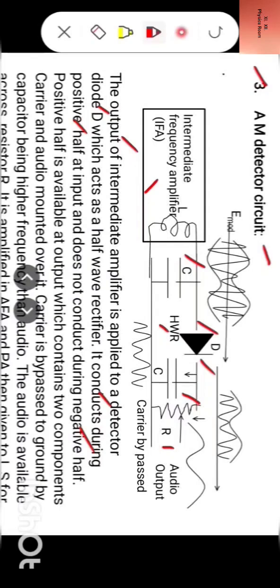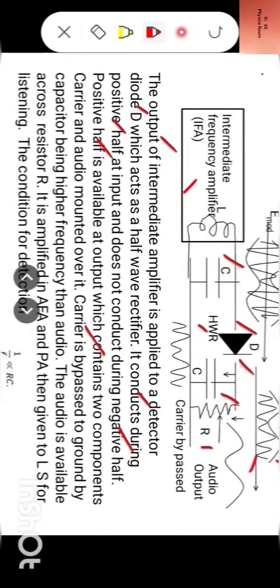As we know from half wave rectifier, this happens. Now positive half is available at output. It contains two components, carrier and audio mounted over it.